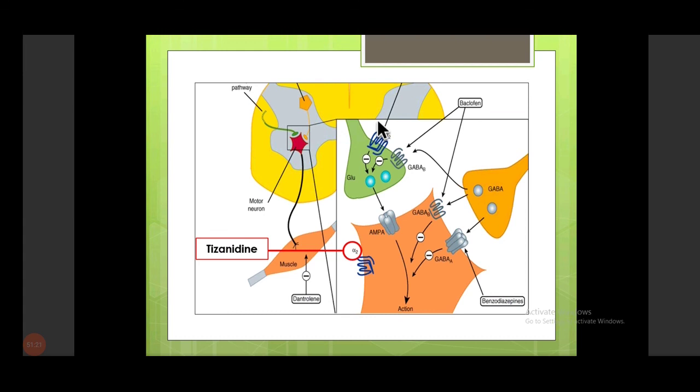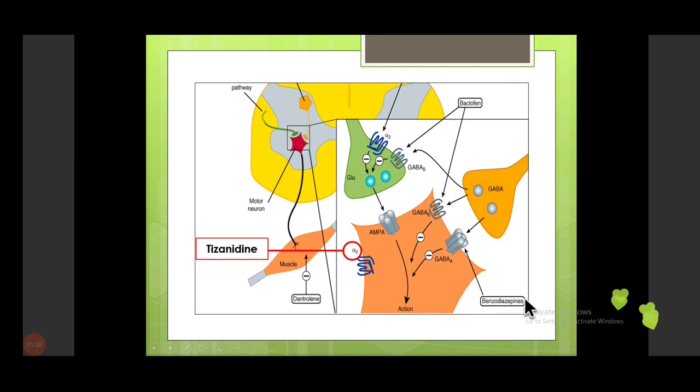And as we have known that EPSP and IPSP accumulation, or the additive response of both, would be seen. So if the hyperpolarization response is more, the depolarization would be considerably less and there will be relaxation.